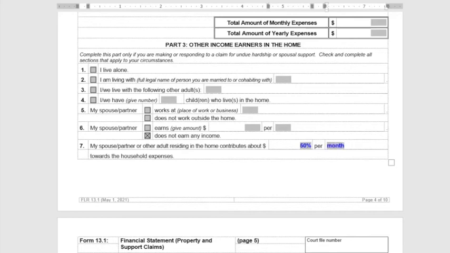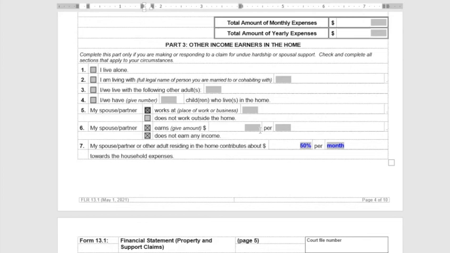Where this becomes very complicated, and I don't want to get too much into it because it is complicated, is when there's a motion to change and you're living with a new spouse. It gets very touchy as to filling out questions 5 and 6: what my new spouse or partner is earning. Well, why do you have that information?